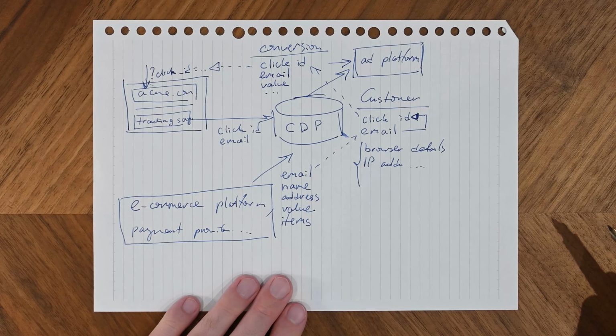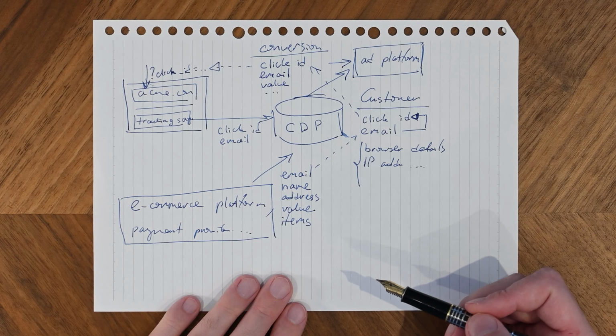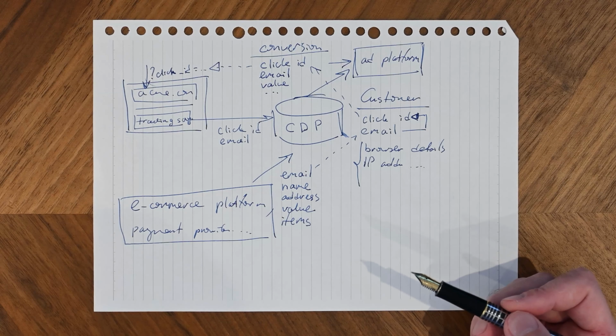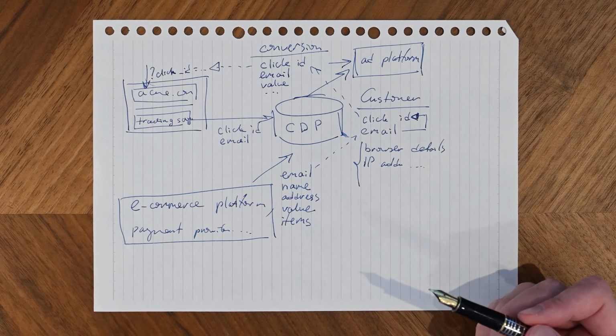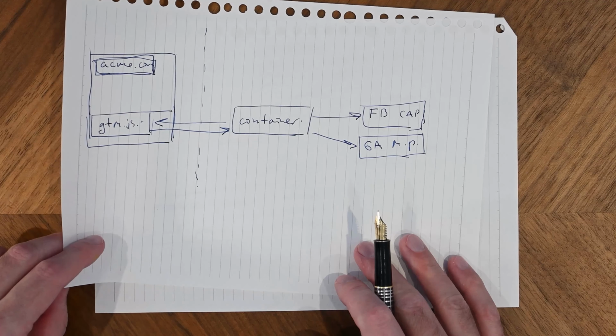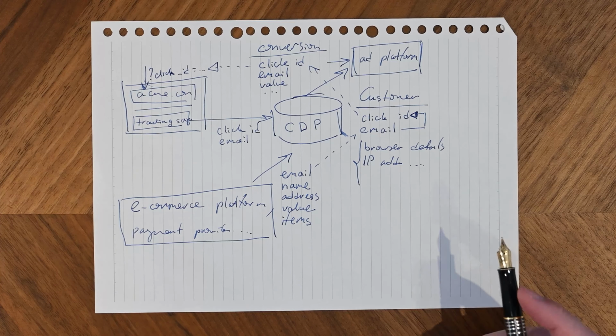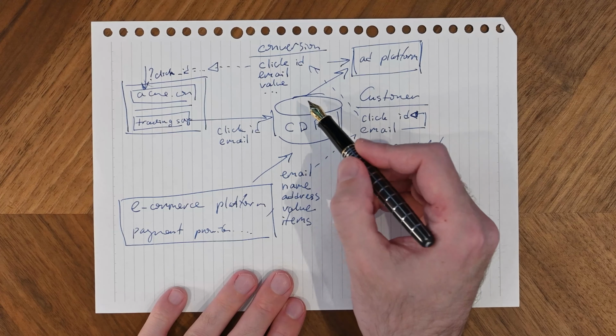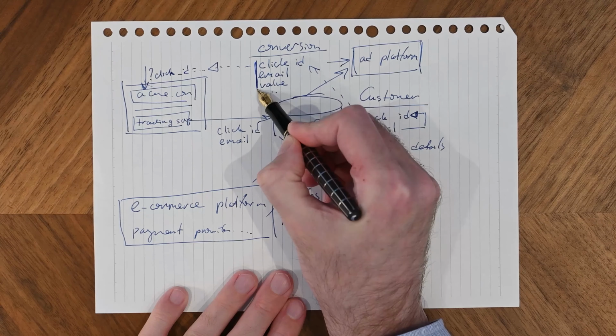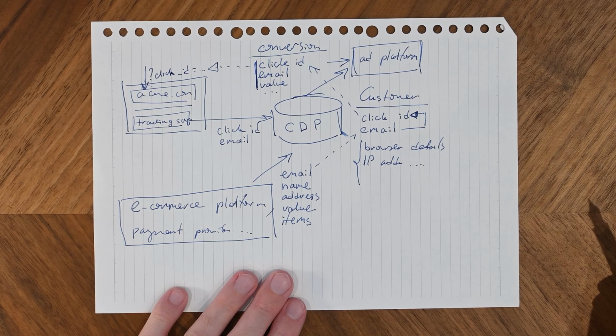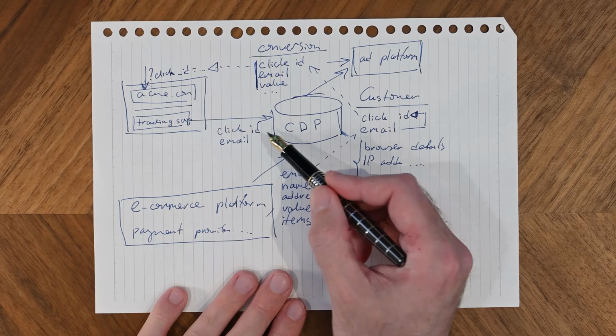So compared to the other approach to tracking we've discussed previously, it obviously looks more complicated. But the main difference is that the data included in the event being sent to the ad platform is much richer than what's been available in the browser when using hybrid tracking.